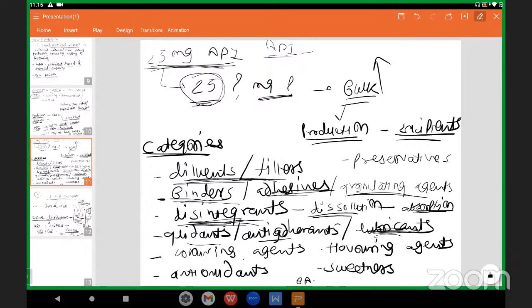Right. So इन तीनों का भी पर्पस अलग अलग है बट पर्पस एक है। What is the purpose? To enhance the flow and to aid the compression process.